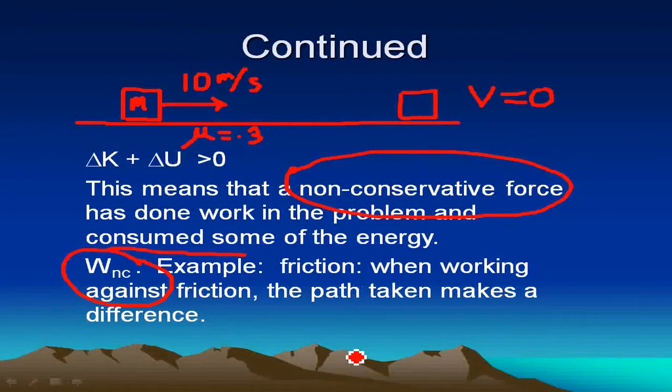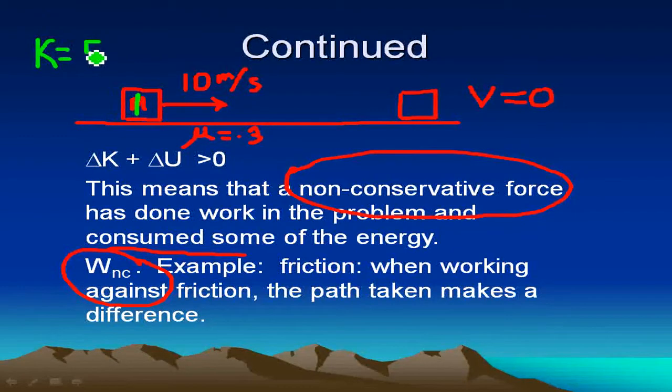And then let's analyze the mechanical energy both at the beginning and at the end. At the beginning, what do we have here? We have kinetic energy, and let's give the box a mass of 1. That makes it easier to calculate. So kinetic energy is 1/2 mv squared, so that's 1/2 of 1 times 10 squared, which is 100.